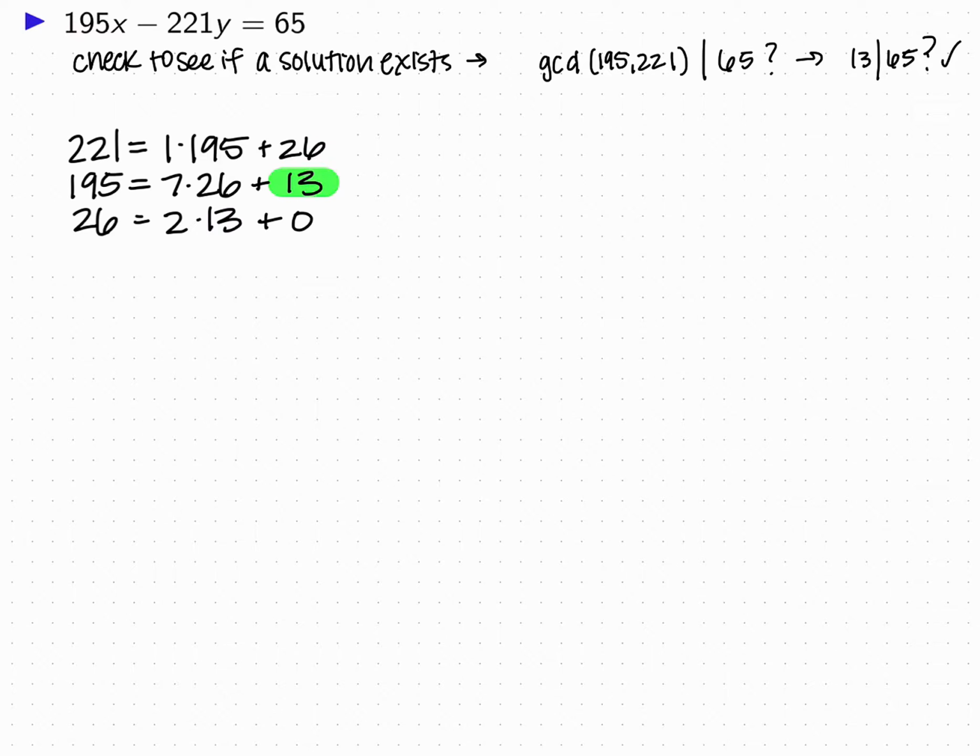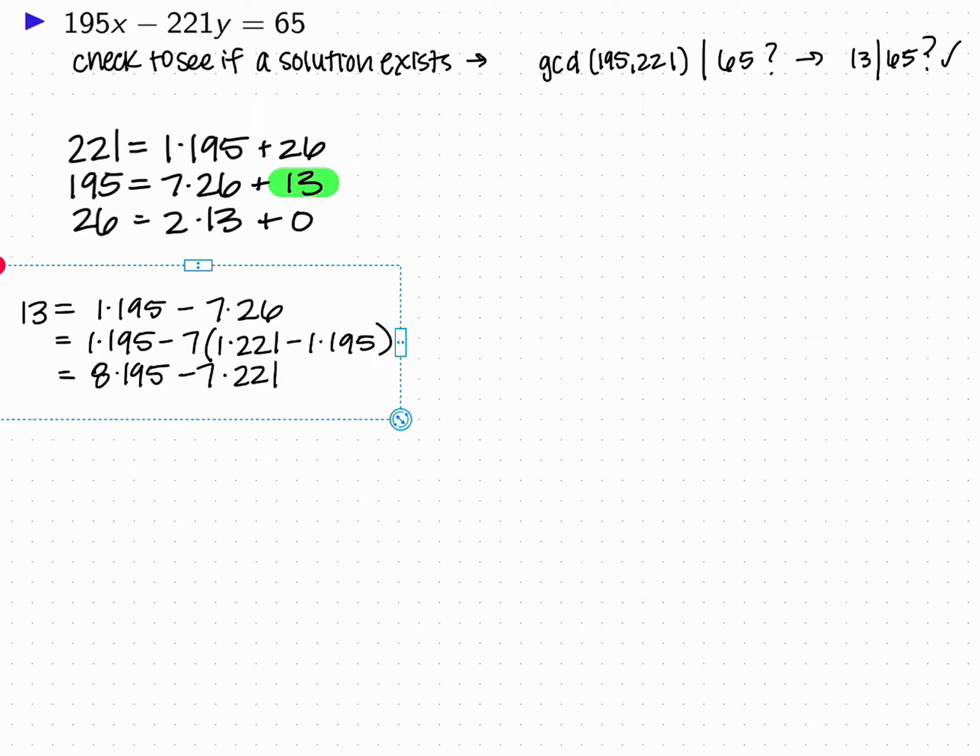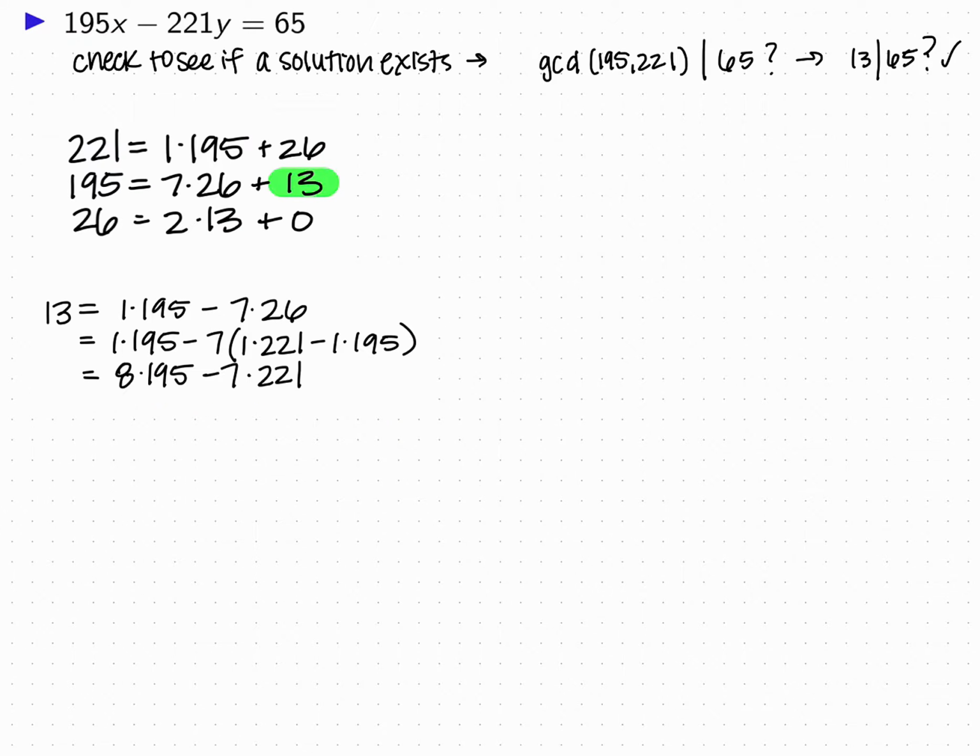I've already done the work to save us some time. Here we go. When we do our linear combination of 195 and 221, we get this.